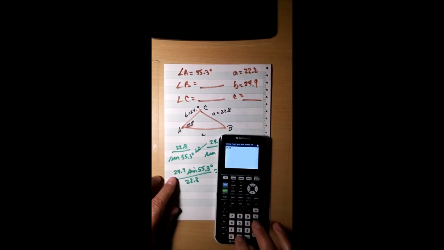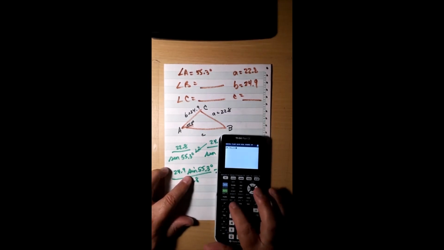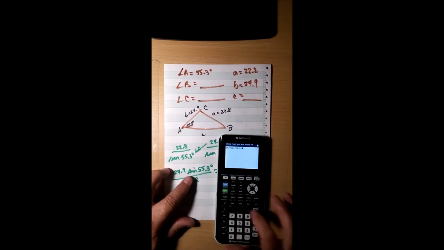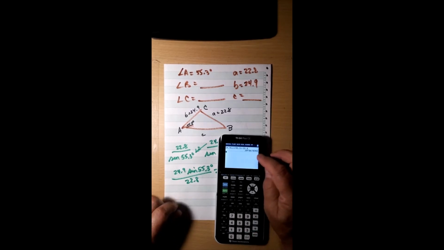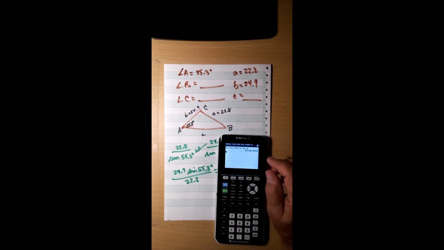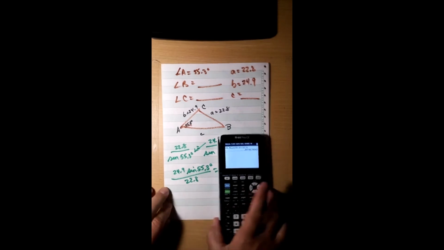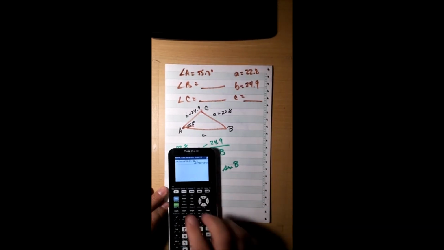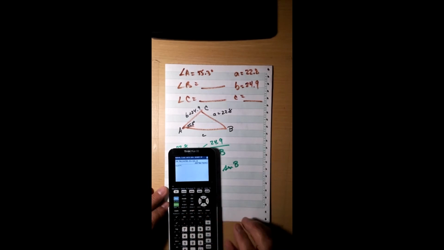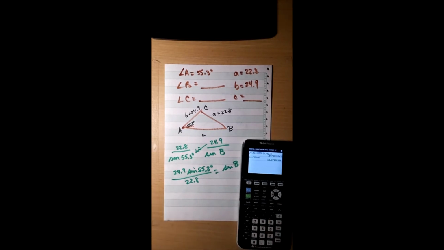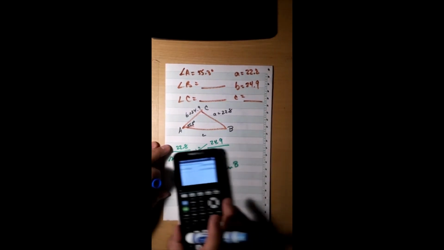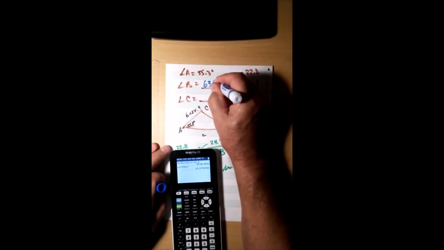So 24.9 times the sine of 55.3 divided by 22.8 gives me 0.87, etc. We don't want that. That's what the sine of B is equal to. So I want the inverse sine of that answer, second negation. The inverse sine of answer gives me 63.879. They want one decimal place. So B is equal to 63.9 degrees.